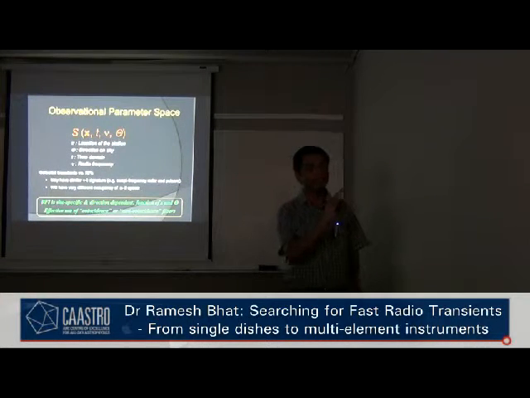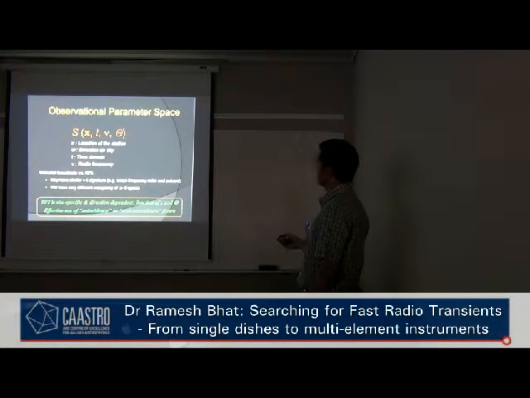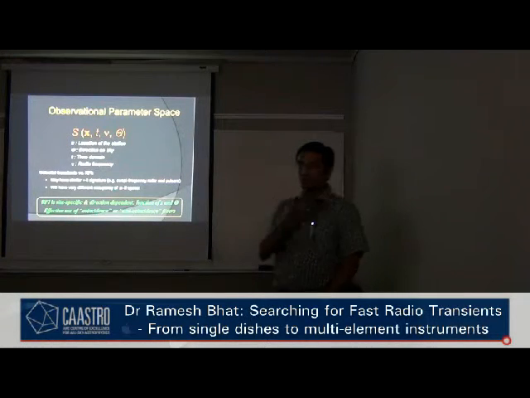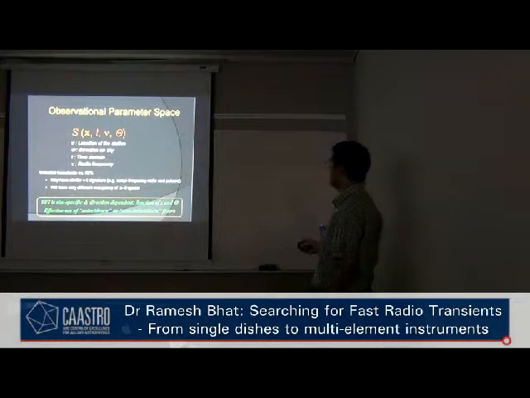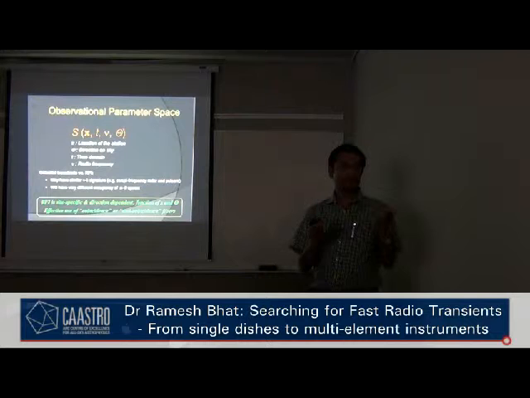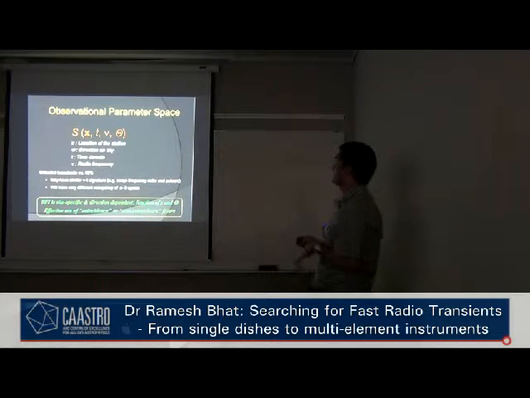So basically any signal, especially when you have multiple instruments or multiple pixels or whatever, you can characterize as a function of location, direction, time and frequency. RFI and the celestial signatures might sometimes have a similar signature in time and frequency, but it's very unlikely that they will share a similar signature, at least a good part of the time, in both direction and location.